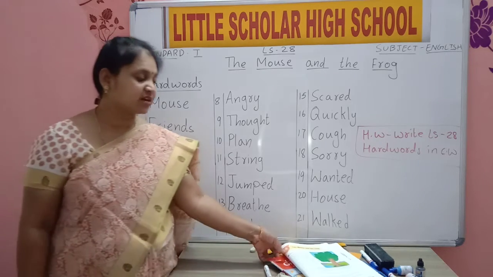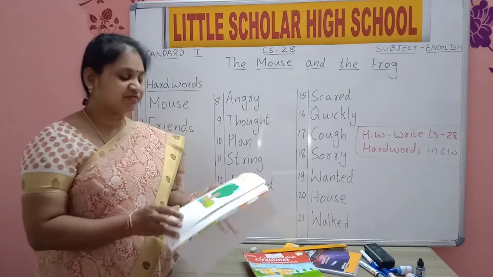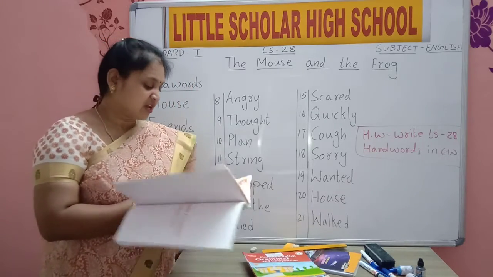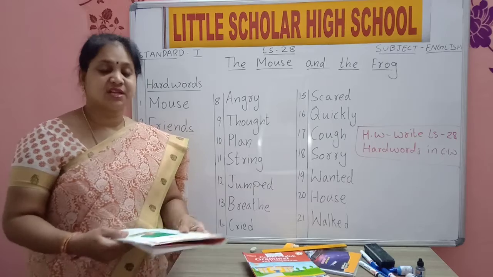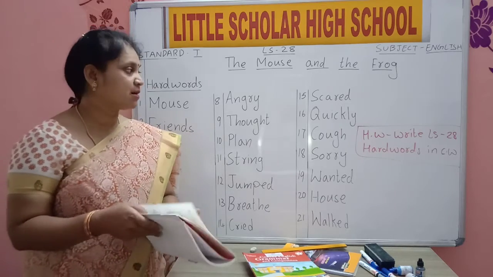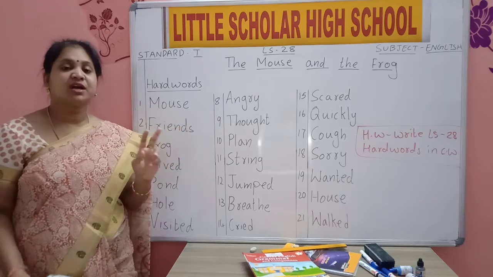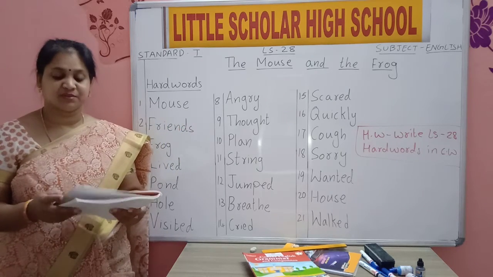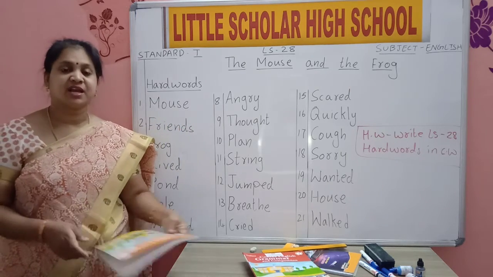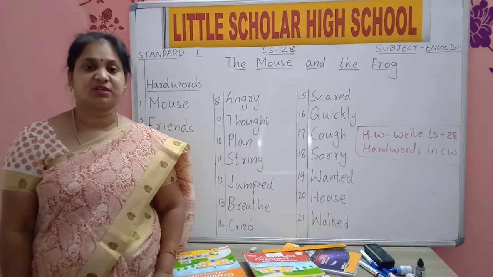In the next class, we will finish the lesson objectives. Till then, write these hard words very neatly in your classwork and read the lesson 2 times. Thank you, children.